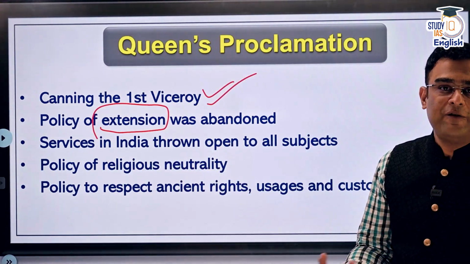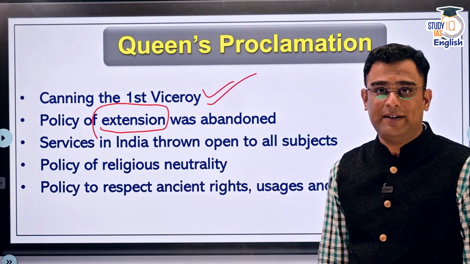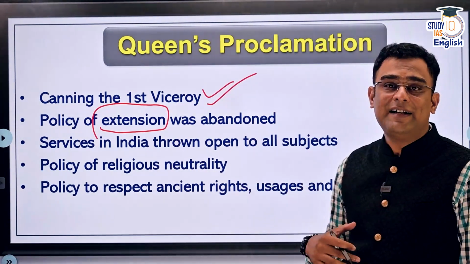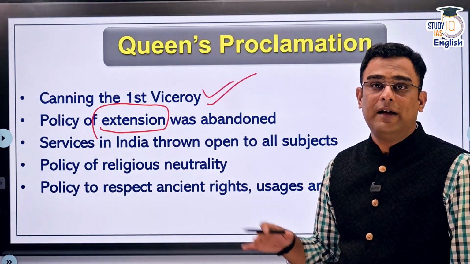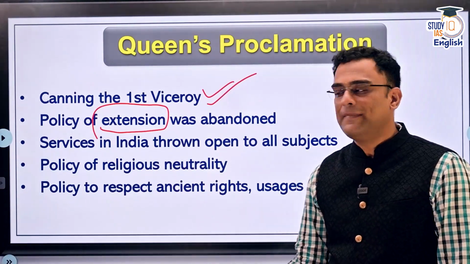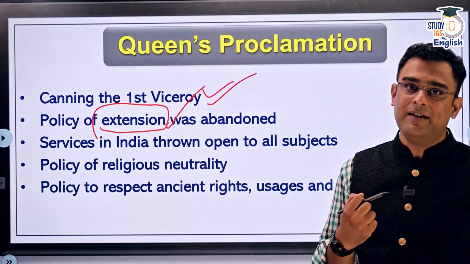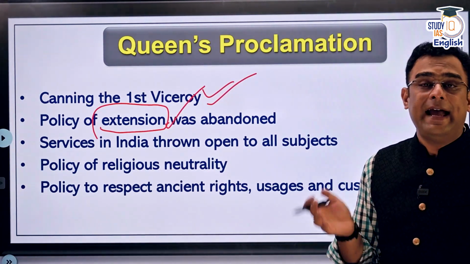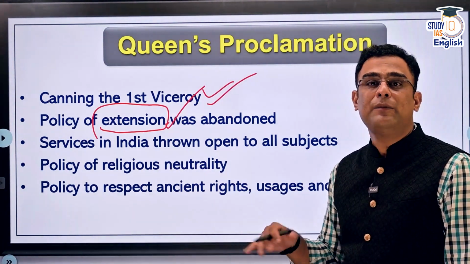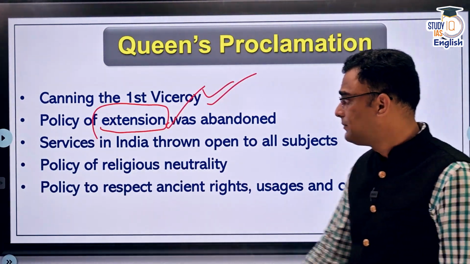Sometimes you might have wondered why there were so many princely states in India at the time of independence. The reason behind that is the Queen's Proclamation. Via this proclamation, the Britishers assured the Indian princes that there would be no further extension or annexation of Indian rulers' territories. And that's how the princely states came to stay right up to the time of independence.